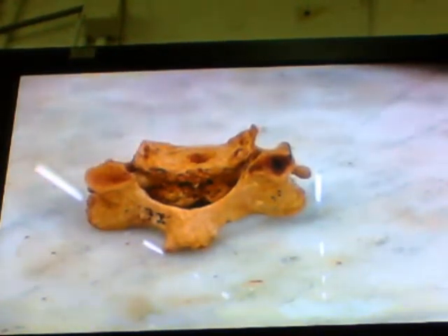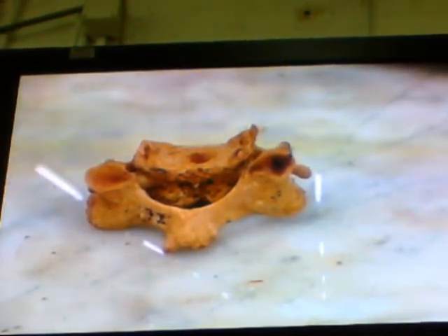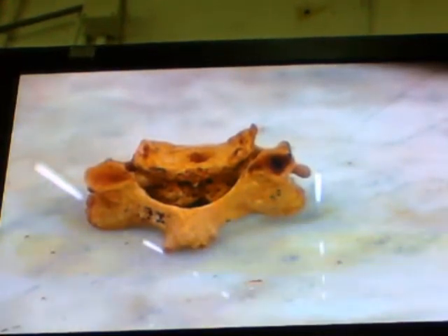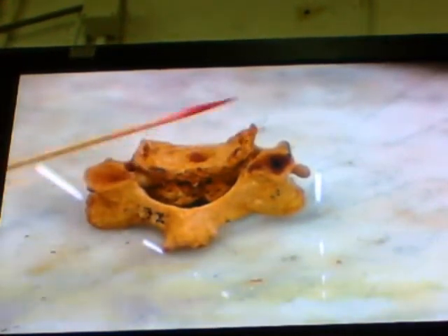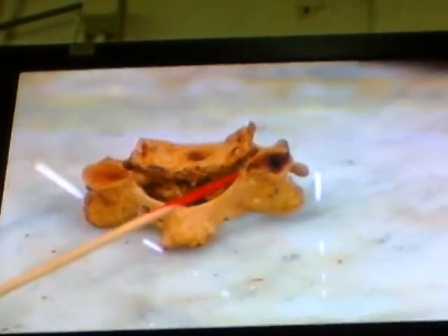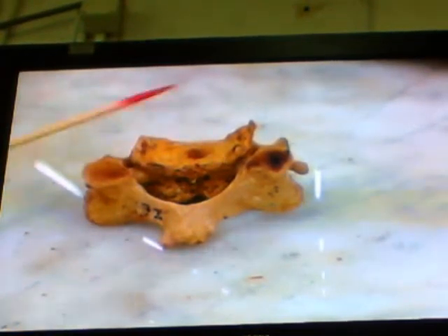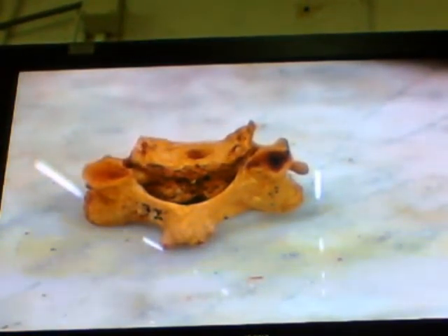I want a good answer. Okay, that's referred to as an uncovertebral joint.